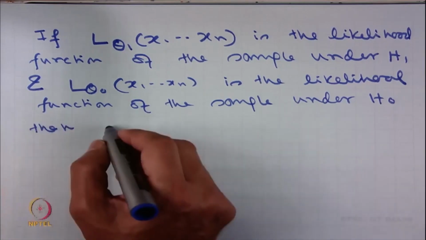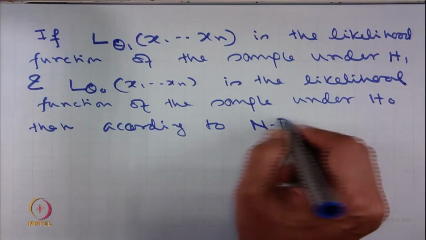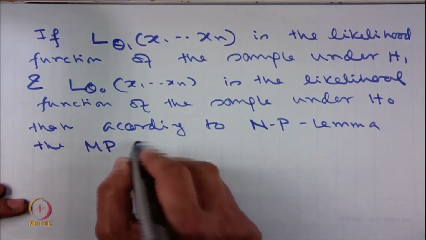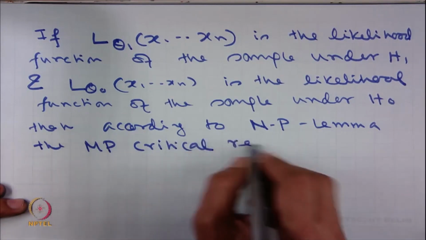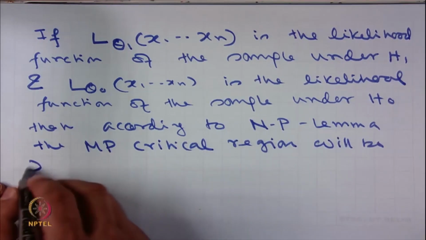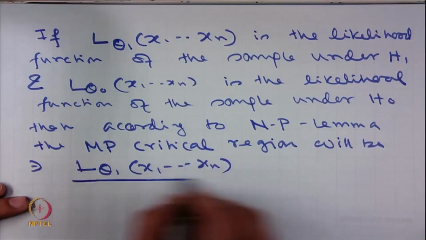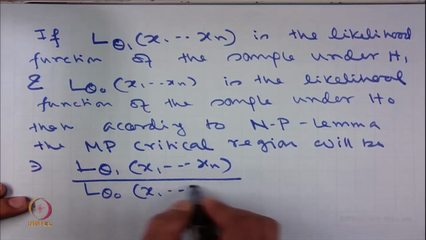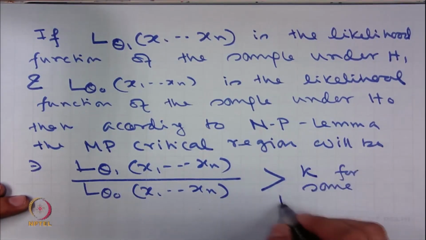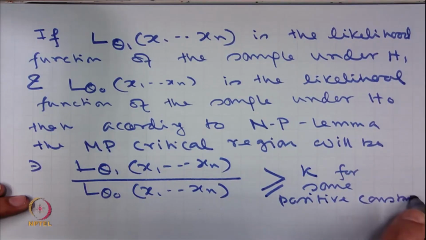then according to the Neyman-Pearson lemma, the most powerful critical region will be such that L theta 1 of x1, x2, ..., xn upon L theta naught of x1, x2, ..., xn is greater than or equal to k for some positive constant k.